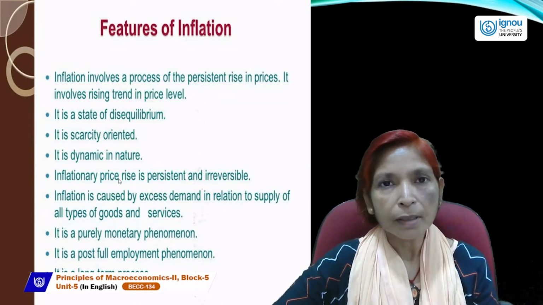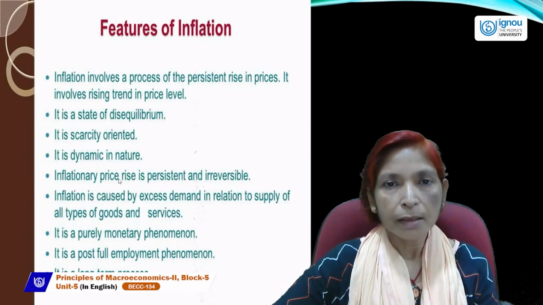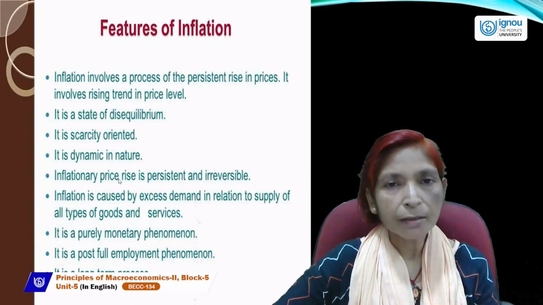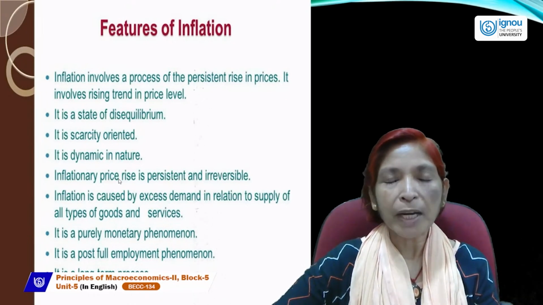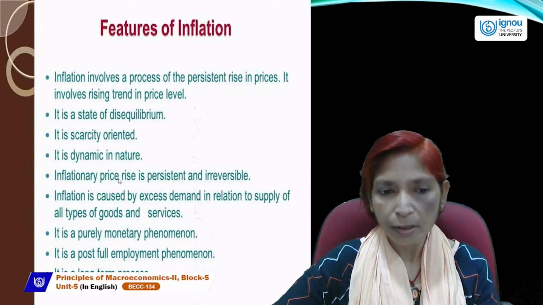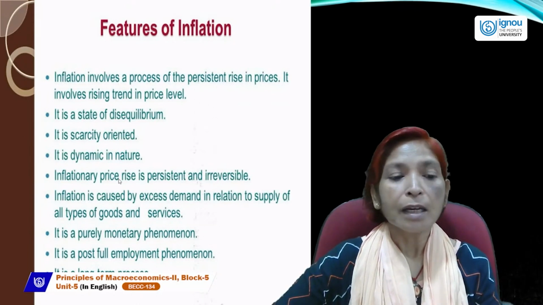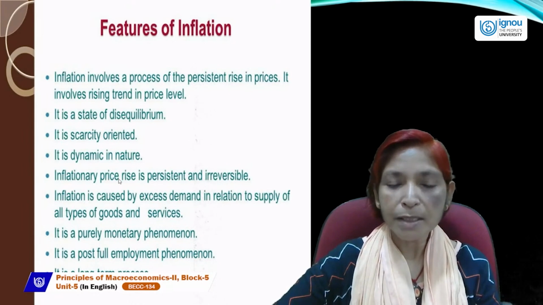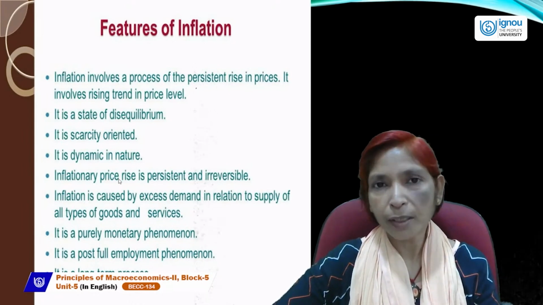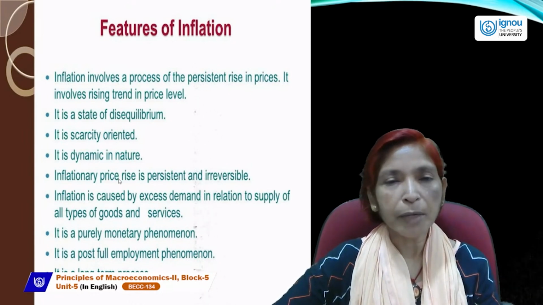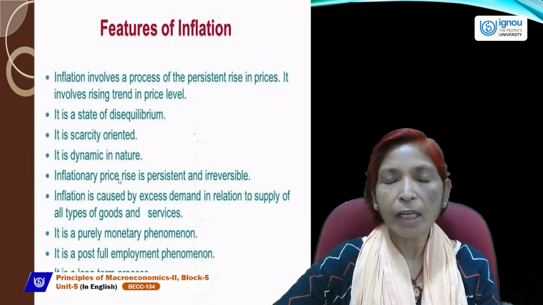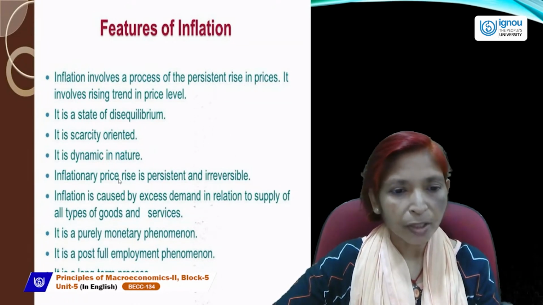For example, the price of milk is increasing in India every time, and the price of milk is not falling. When price increases, it will not fall. It means the rise in price is continuous or persistent and irreversible. We can't decrease the price of milk when inflation exists.